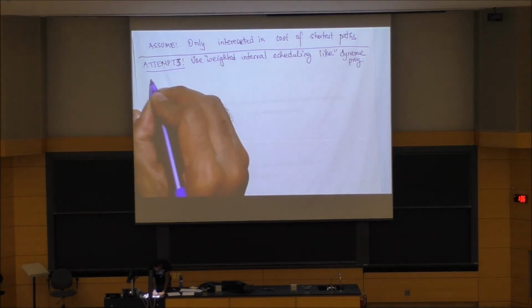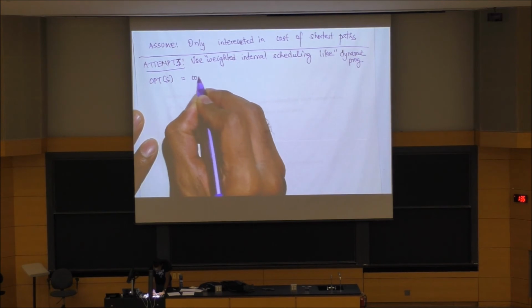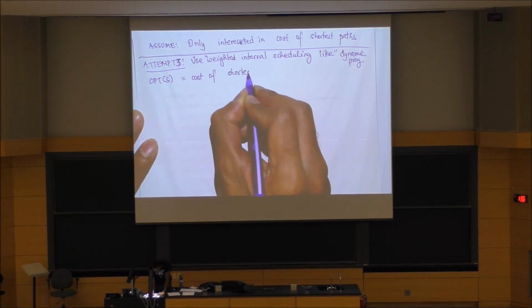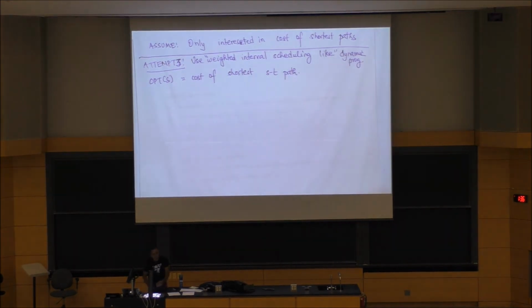In particular, let's say opt of S is the cost of the shortest S-T path. Like we had for the weighted interval scheduling problem, where we had opt 1 to opt n, this is going to just define the optimal cost from S to T.